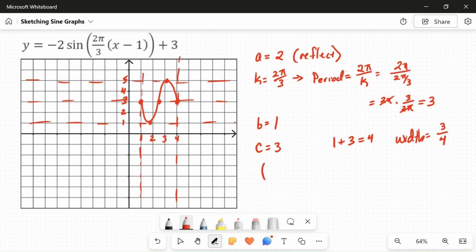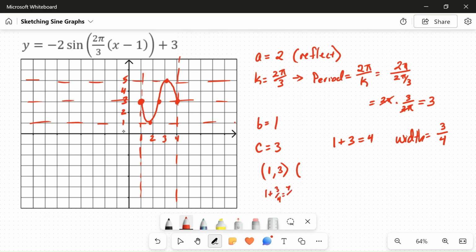So my first point, again, was based off of my phase shift, which is a 1, and the y-coordinate is a 3. Okay, so that was the starting point. We then go down to the minimum. The minimum is 3/4 away from the starting point. So what is 1 plus 3/4?